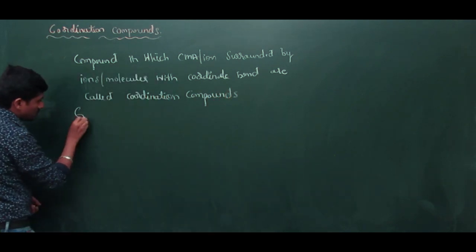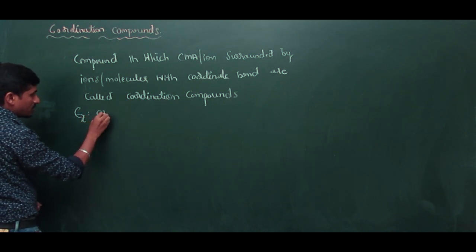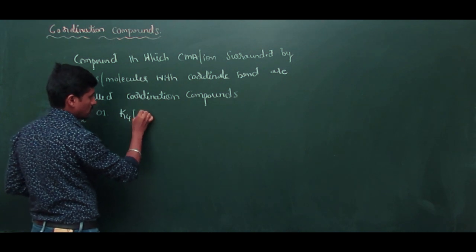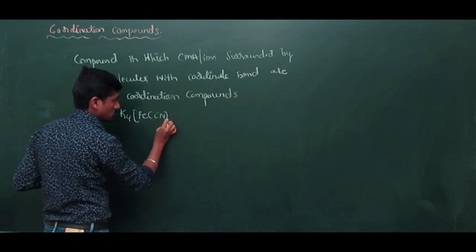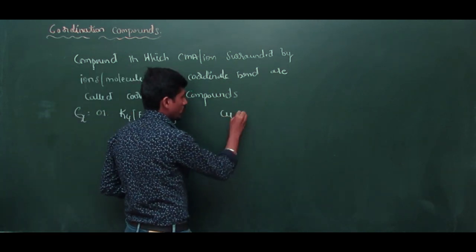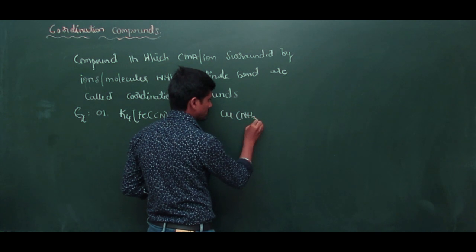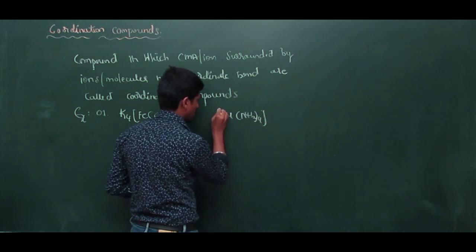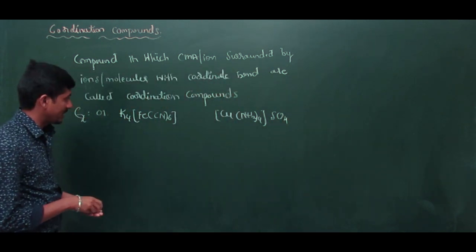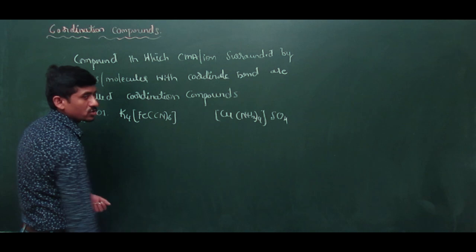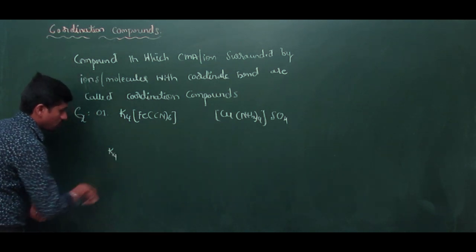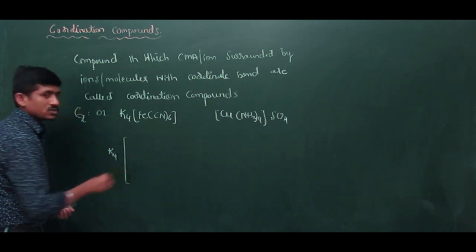Take an example. First example is potassium ferrocyanide, and the second example is ammonium sulfate. We can write the structure of potassium ferrocyanide as K4 within square bracket.